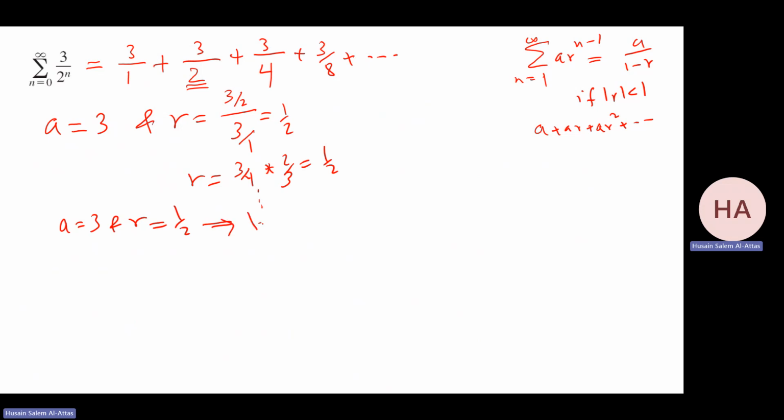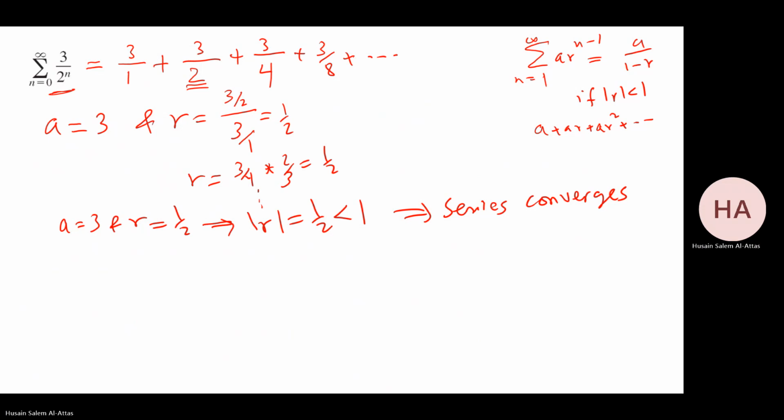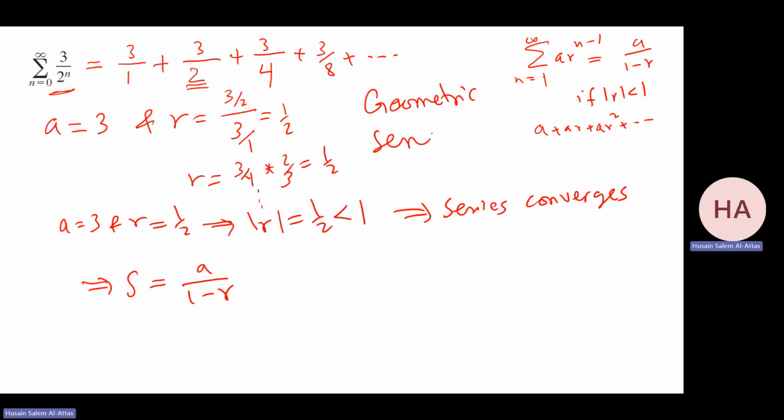That's the most important. The absolute value of r, half, is less than 1. Right away, the series converges. It's very clear to me, it's a geometric series.